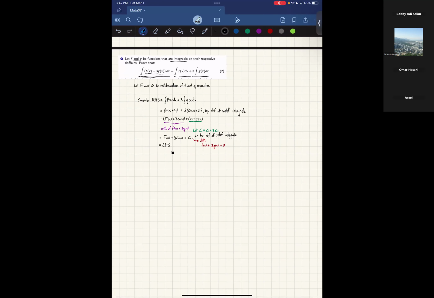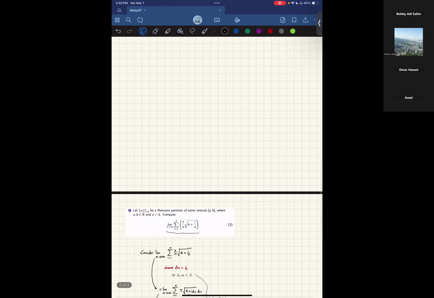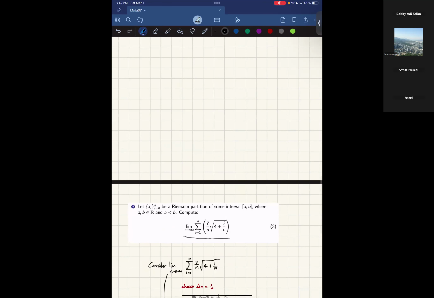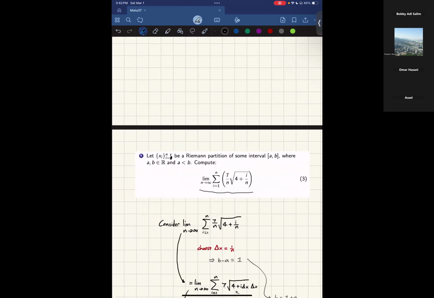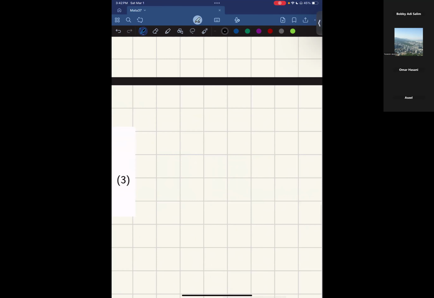In the first group, we said xi with i equals 1. But in this one, we have i equals 0. Which one is right? Sorry, where else do we have xi? Oh, you're right. This should be from 1. Sorry about that. The one with 1 is right. In general, when you define a Riemann partition, it should be xi from i equals 1 to n.